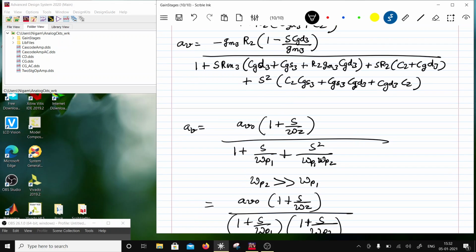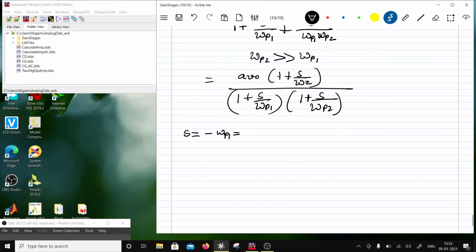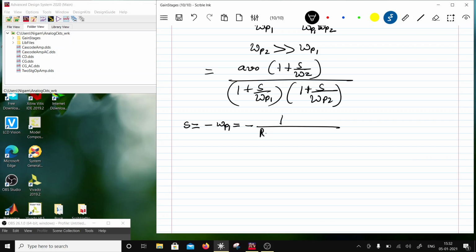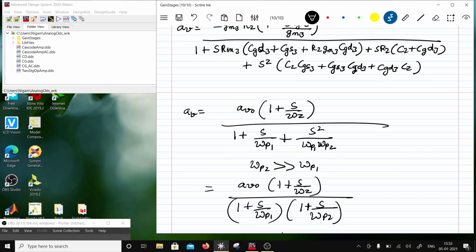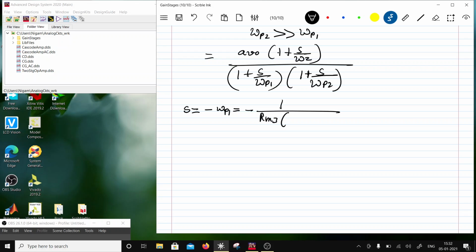So this would be equal to minus 1 divided by R in 3 times (CGD3 plus CGS3 plus R2 GM3 times CGD3), plus the RC time constant of the second term, which is R2 C2 plus CGS3 CGD3.